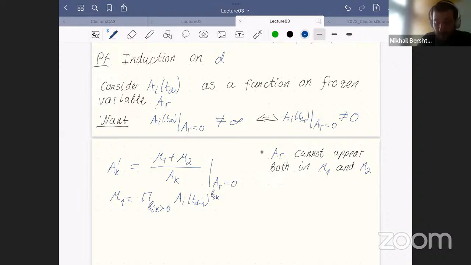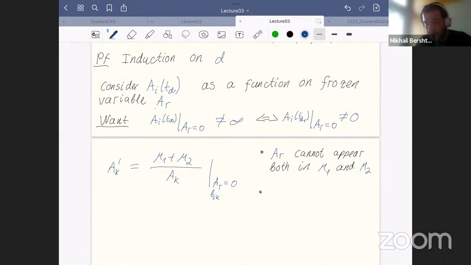So one of them is a product from variables which correspond to vertices where the edge is going to k, and the other from the vertices from which the edge is going from k. So AR is either connected to k by edges, BKR either positive or negative or 0. If BKR is 0, then R doesn't appear at all. Otherwise, it appears only in one of them. Okay.